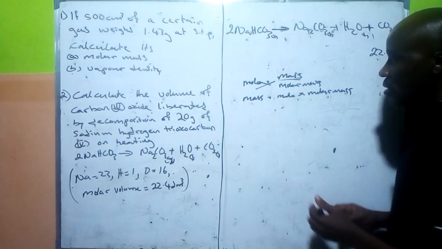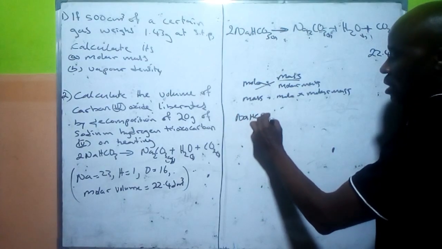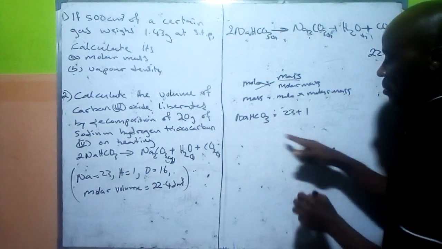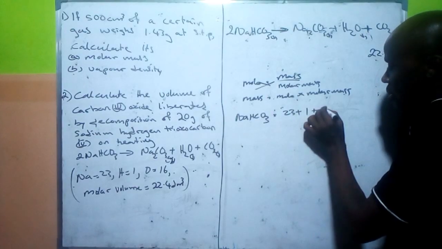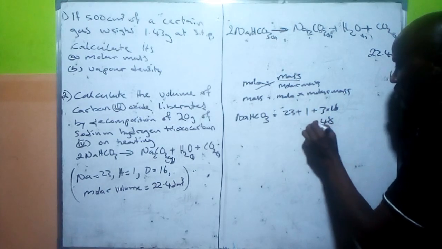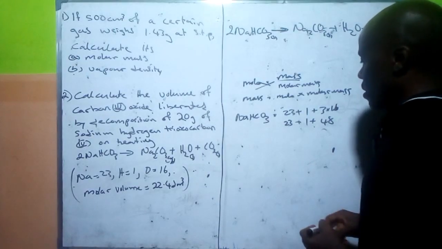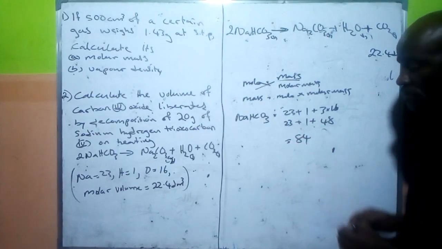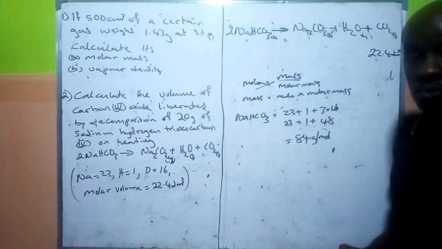Sodium here is 23, hydrogen is 1, and oxygen is 3 times 16, which gives 48. When we add everything up, we get 84 grams per mole.